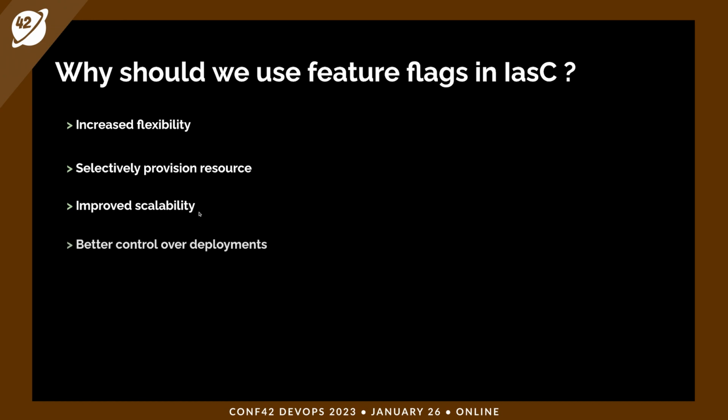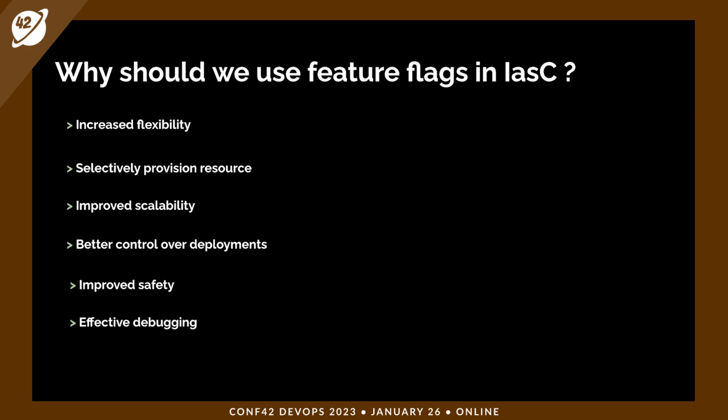Using feature flags, we get better control over our deployment using techniques such as blue-green or canary. We can test and validate changes in a controlled environment and quickly roll back changes if necessary. It also helps to improve safety by reducing the risk of introducing breaking changes. This helps to ensure that your infrastructure is always in a stable and working state.